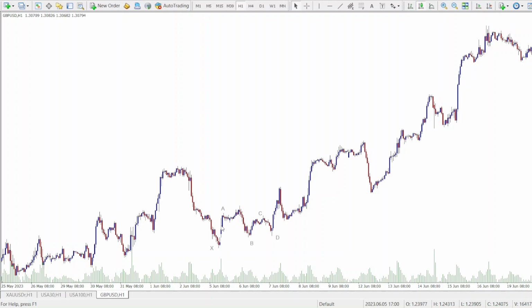So now here's how the pattern should look, right? XA is the first leg. From point X to point A is a sharp move, either up or down, as we can see. But in this case, it is up, right? Because this is a bullish pattern. So it's a sharp move up. Then the next leg, being the AB, is the retracement of the XA leg.